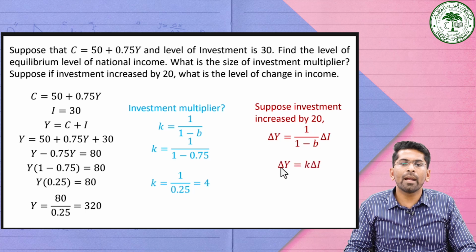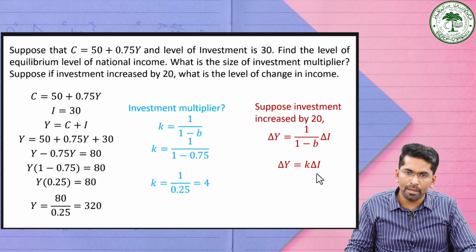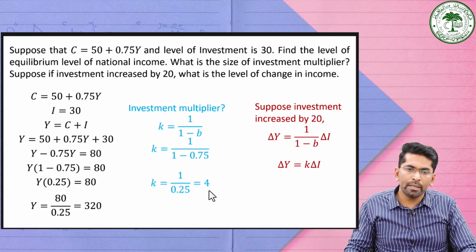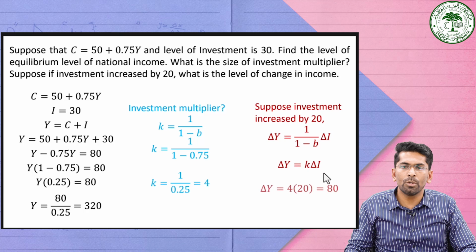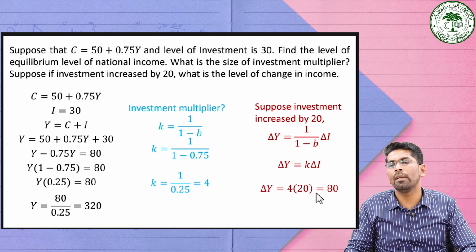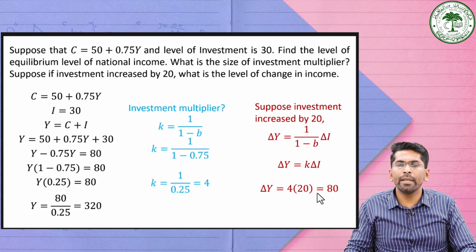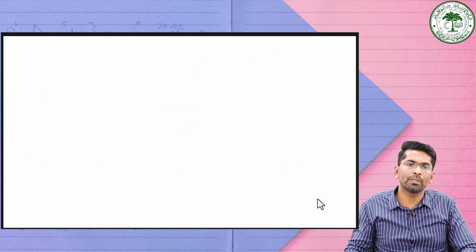So we can write delta Y is K, that is the multiplier, into delta I. K is 4 and delta I is equal to 20. So it is 4 into 20, which is equal to 80. So if you increase the investment by 20 units or 20 crores, then your level of income will increase by 80 crores.